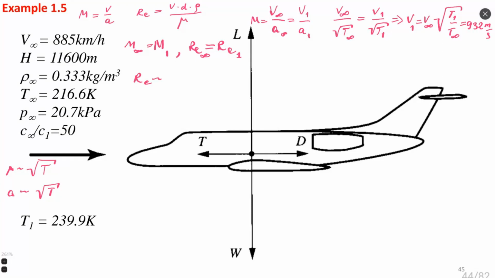So I will write proportional to velocity 1, then C infinite instead of size, so it will be 50. And sorry, it's not velocity 1, it should be velocity infinite.